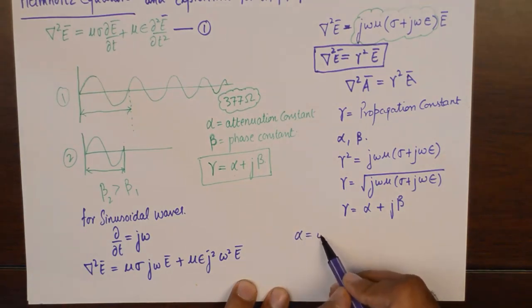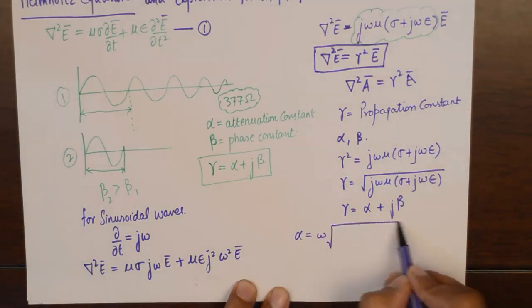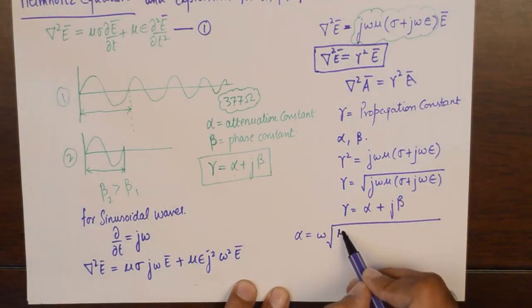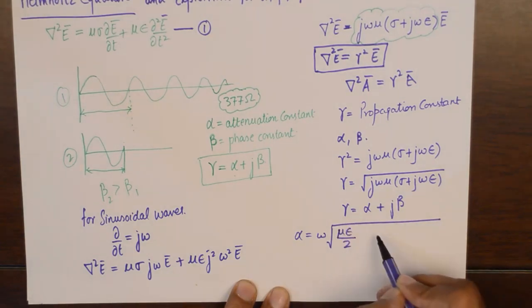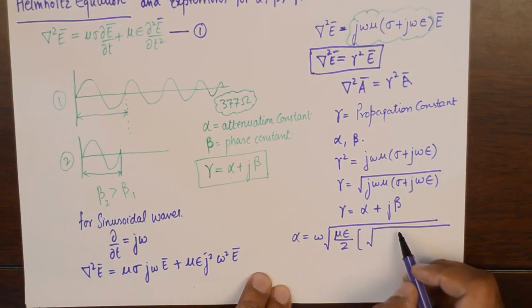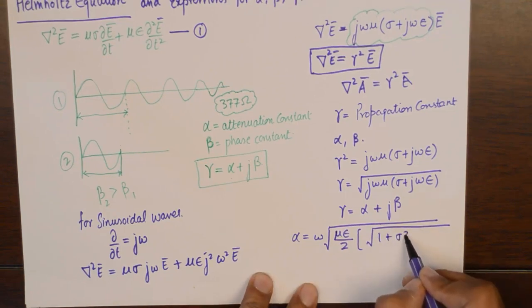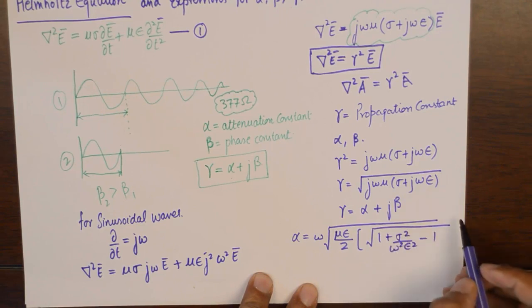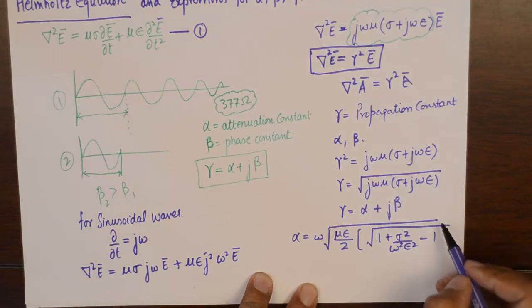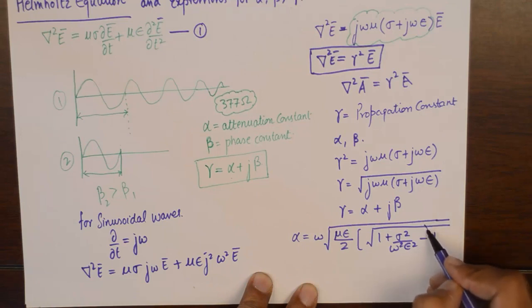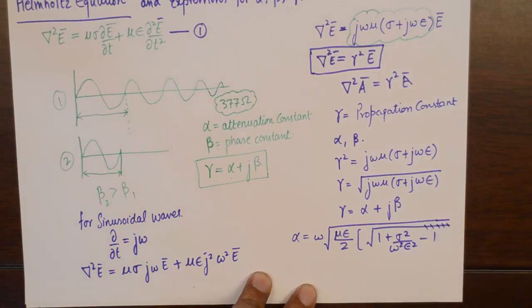The value of alpha will be this one, which is not under the root.